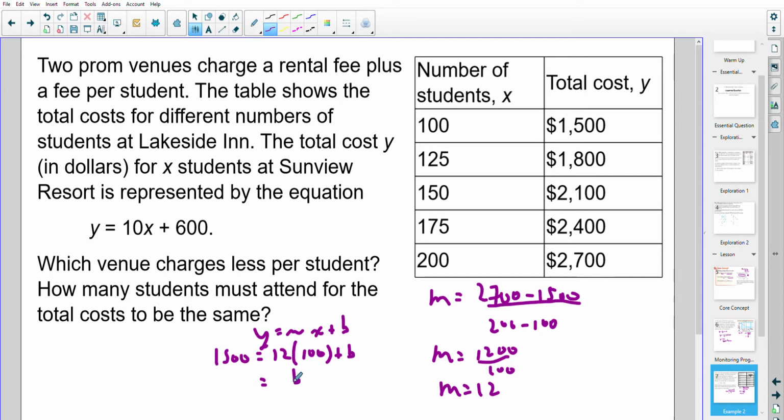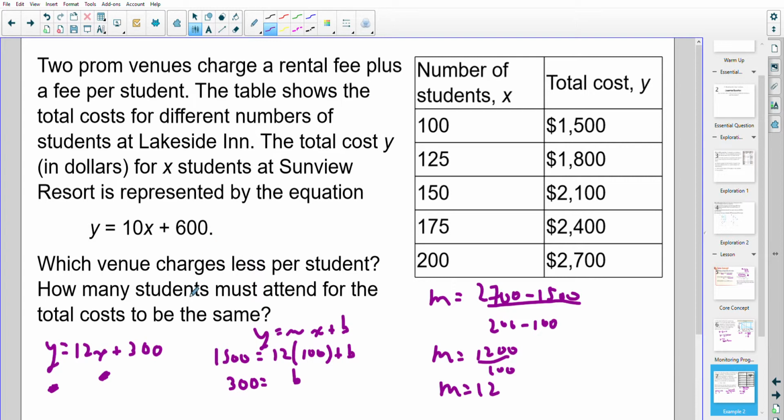You can see that your b is going to end up being 300. 12 times 100 is 1200, and if you subtract the 1200 from both sides, you have 300. That means that the equation is y equals 12x plus 300. Notice on an equation, you always have those y's and x's in the equation.